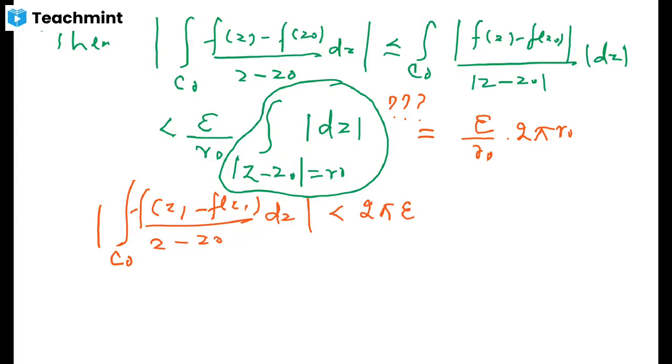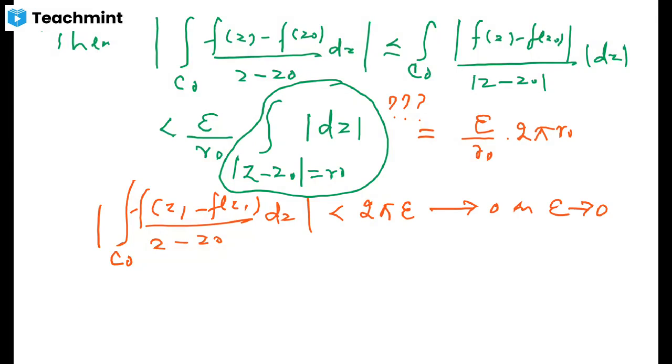And remember, epsilon is an arbitrary number. We can make it as small as possible. And the integral within this modulus is a constant quantity. So if it is a constant quantity and we have this option to make this integral arbitrarily small, that means this must go to 0 as epsilon goes to 0. We have this liberty.